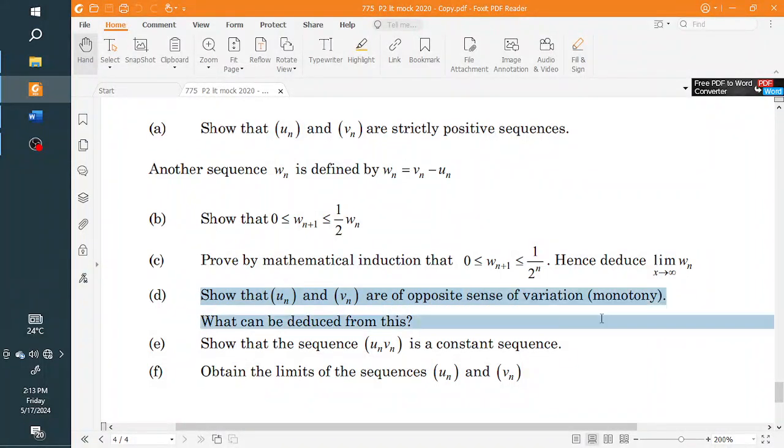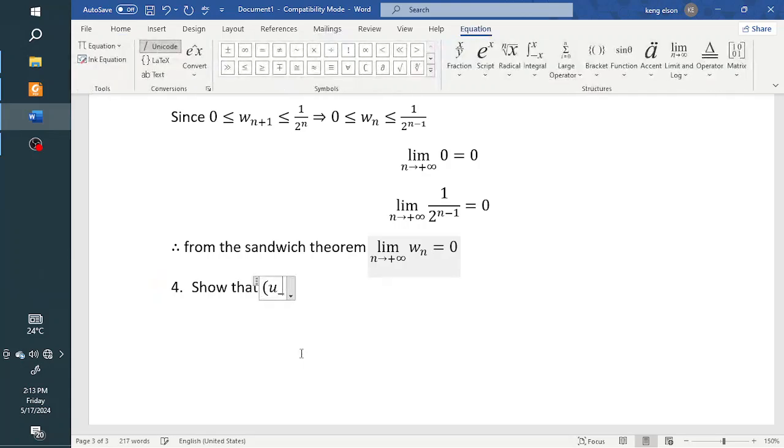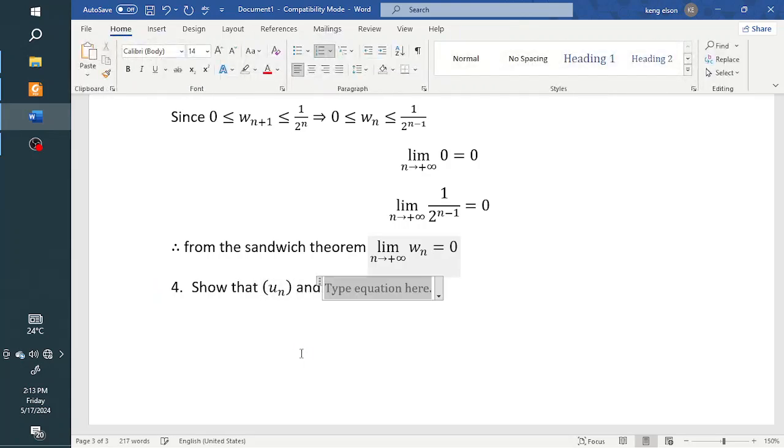You have to study the monotony. Show that Un and Vn are of opposite sense of variation. So number 4, show that Un and Vn are of opposite sense of variation.